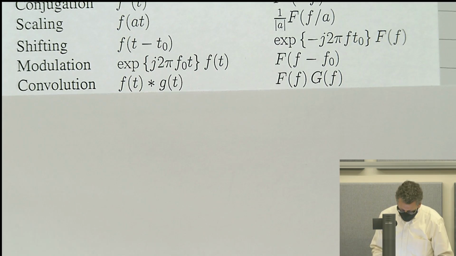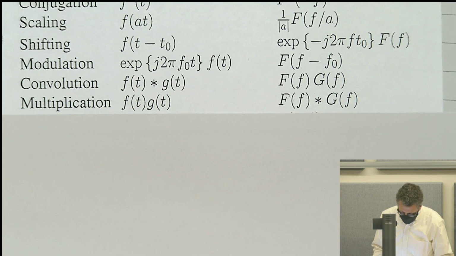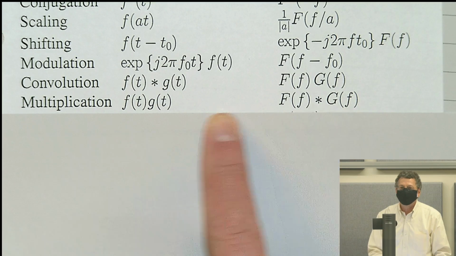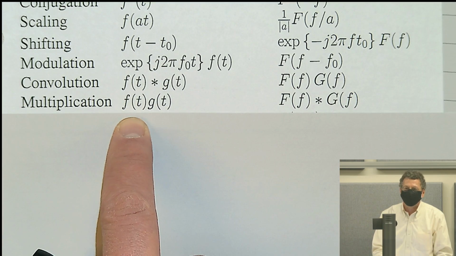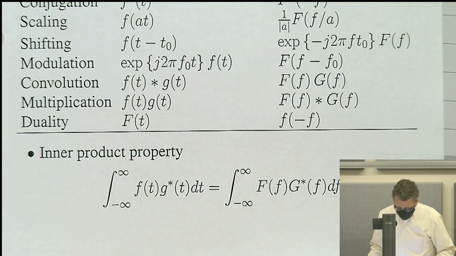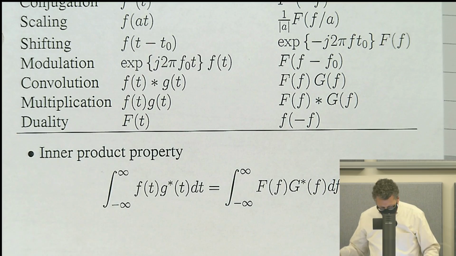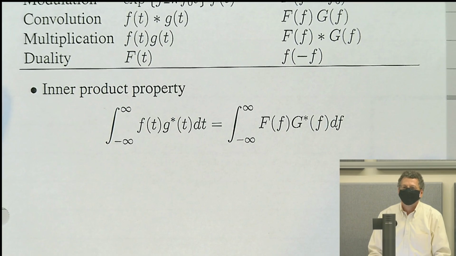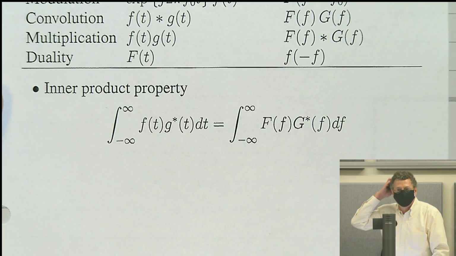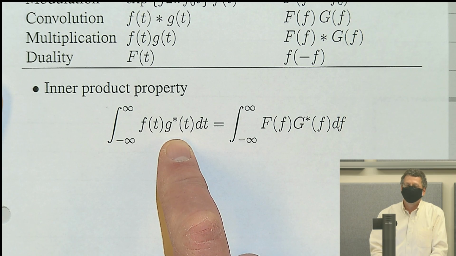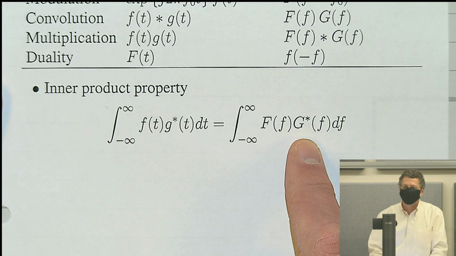Okay. Multiplication in time yields convolution in frequency. This turns out to be important too, because this is the effect of windowing. We'll talk about that later. And the duality, I've talked about that. And then there's this thing called Parseval's theorem, which is basically that inner products in time correspond to inner products in frequency.